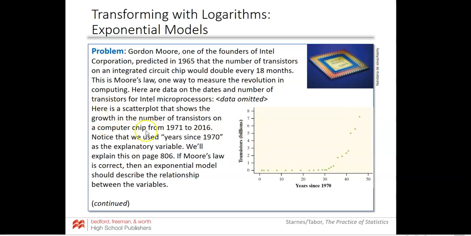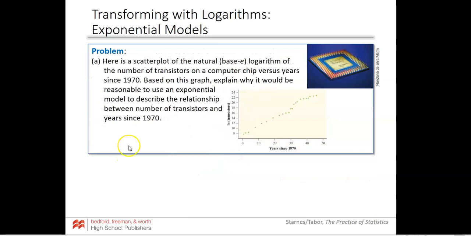Here's the scatter plot from 1971 to 2016, and we use years since 1970 for the x-axis. It does seem to look like an exponential model, but let's see what happens. If we take the log, or natural log, it doesn't really matter which, of the y variable, this would be the test to see if it's exponential.